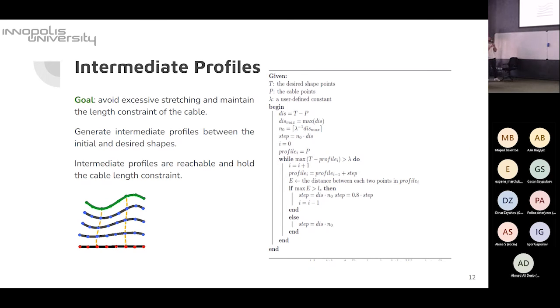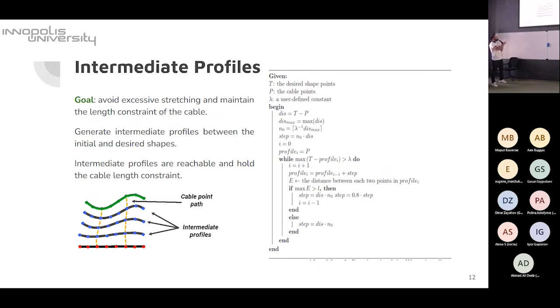The third approach: if we assume that the desired profile is part of the initial shape of the cable, the motion could result in some excessive forces, or the motion of the robot could exceed the cable length constraint.